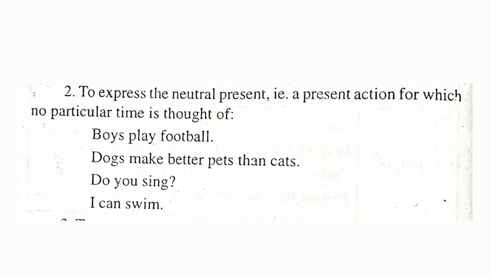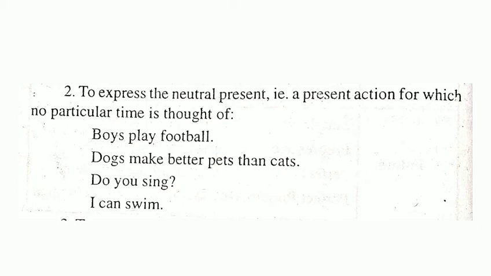The second use of simple present tense is to express the neutral present. That means a present action for which no particular time is thought of. Without having any time word, we can express some actions in simple present tense. For example, boys play football. In this sentence, there is no time word indicated, so it is a neutral action, neutral present.